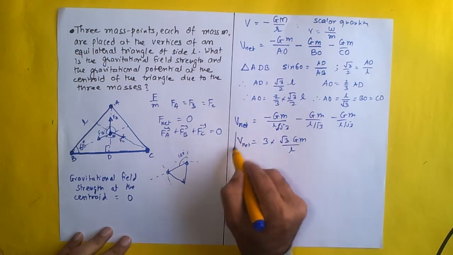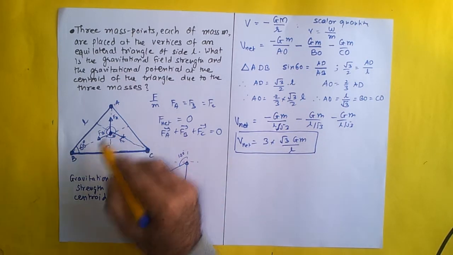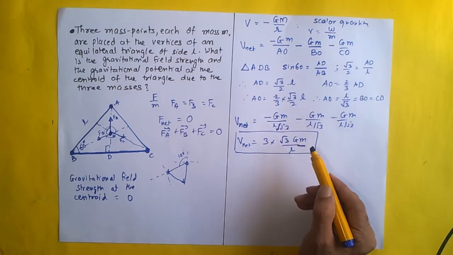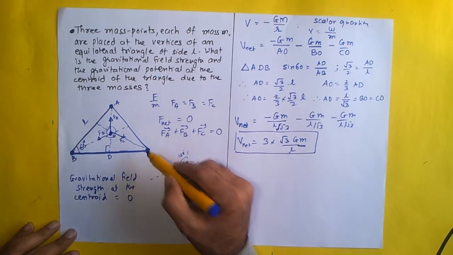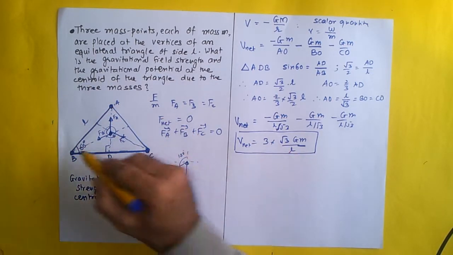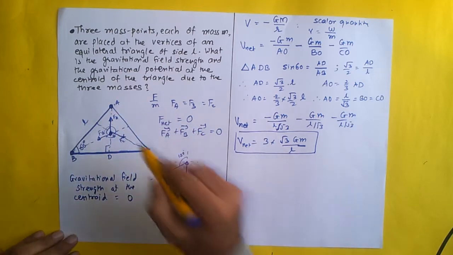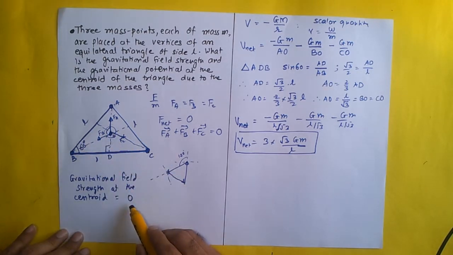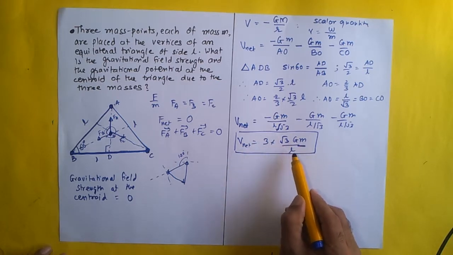So this will be the gravitational potential at this particular location, 3 root 3 Gm upon L, where G is of course the universal gravitation constant, M is the mass of each of these masses placed at the vertices, and L is the length of the sides of the triangle. This being an equilateral triangle, all the 3 lengths will be equal to L. So we have found out that the gravitational field strength at the centroid is 0, whereas the gravitational potential at the centroid is 3 root 3 Gm by L. Thank you.